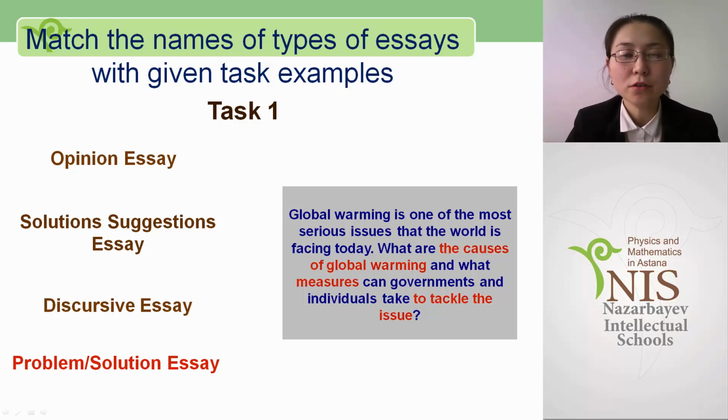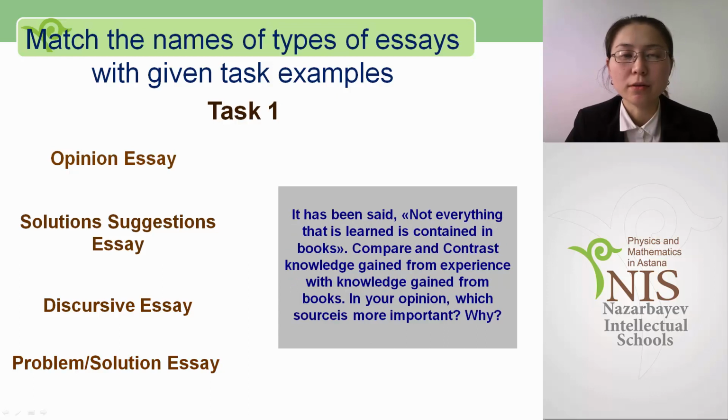And they ask you to write about the causes of global warming. So we're talking about the problem and how can we tackle the issue? How can we solve it? We're talking about solution. Now let's look at the next one, and this is a task for you to find.